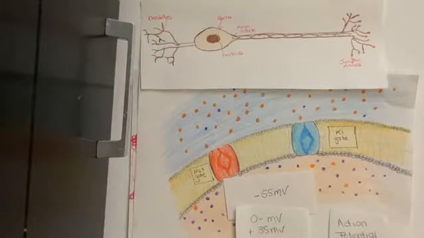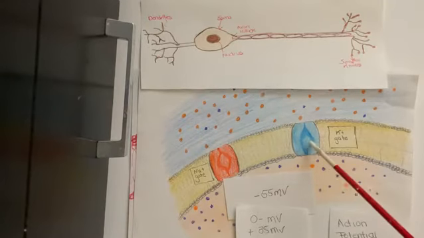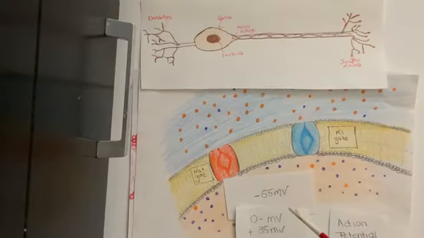At 35 millivolts, which is considered the peak value of an action potential, the sodium gates will close and the potassium gates will open, and the potassium ions in the ICF diffuse out to the ECF, and that will cause the membrane potential to undergo rapid repolarization and a shift in the voltage back to negative values.